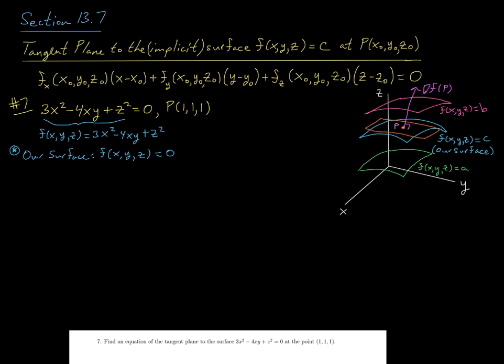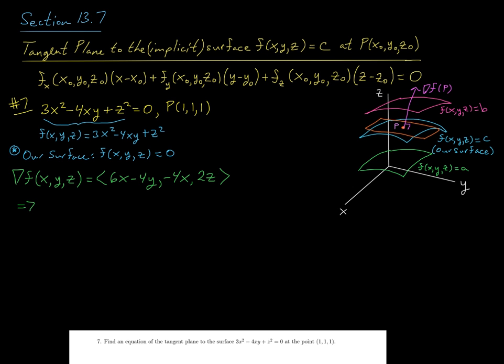So then applying this result up here, in order to do that, I need to know what the gradient vector is. So let's do that. The gradient at any point would be what? Well, if this is our f, the x derivative would be 6x minus 4y. The y derivative would be minus 4x, and the z derivative would be 2z.